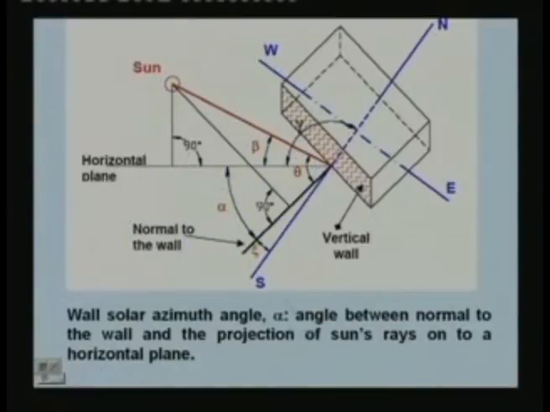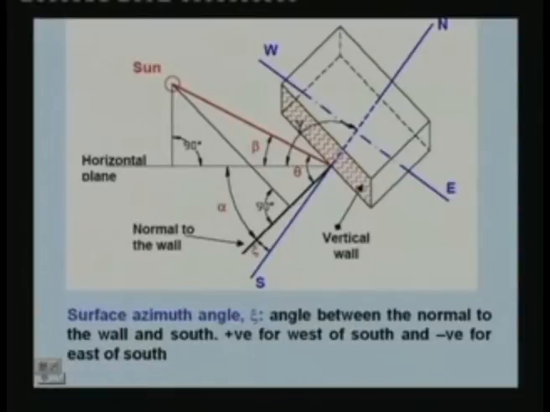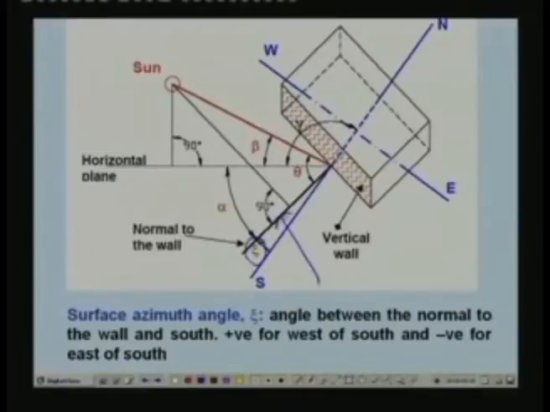And I said we have also defined another angle called zeta, that is what is known as the surface azimuth angle zeta. Okay, so surface azimuth angle zeta is nothing but this. This is defined as the angle between the normal to the wall, this thick line, and the south. South is this. So for this particular picture, this is your zeta.